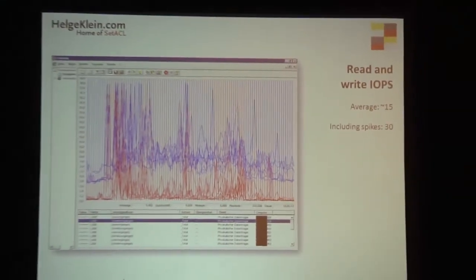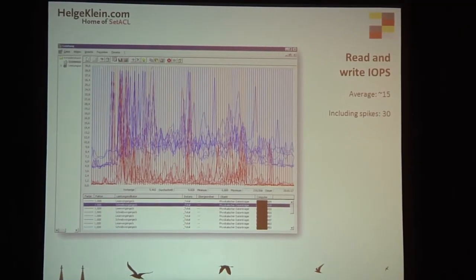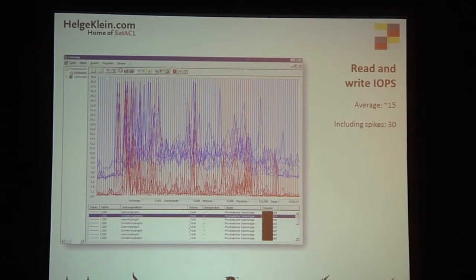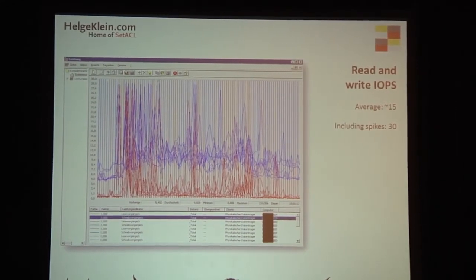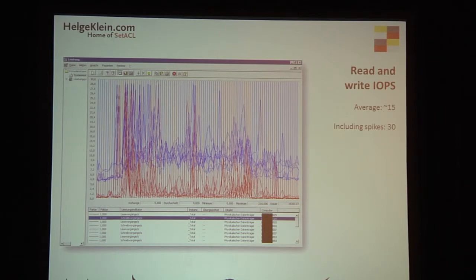In this case, I have a real workload, and these are many servers again, and on those many servers I collected the read and write IOPS. Blue is write, and red is read. As with VDI, once the system has booted up, the read IOPS are much lower typically than the write IOPS.